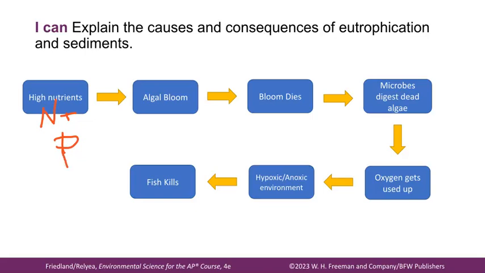All right, then the algae die because eventually they run out of nutrients or they block the light or something and it dies. Then the microbes like bacteria digest the dead algae. The microbes use the oxygen, which creates a hypoxic or an anoxic environment, which kills the fish. They need dissolved oxygen to live.